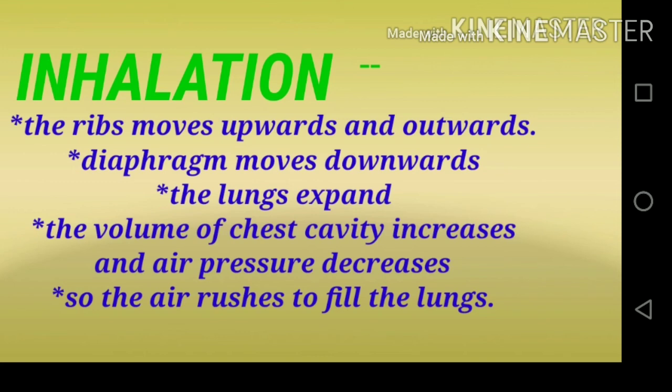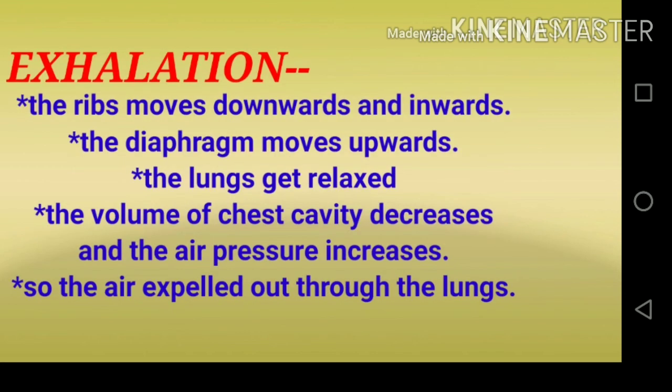Now what about exhalation? In exhalation, the ribs move downwards and inwards when you exhale air, and the diaphragm moves upwards. That means they come into their relaxed position. Then the lungs also get relaxed. Why do the lungs get relaxed?